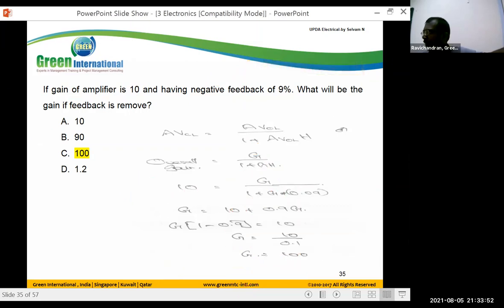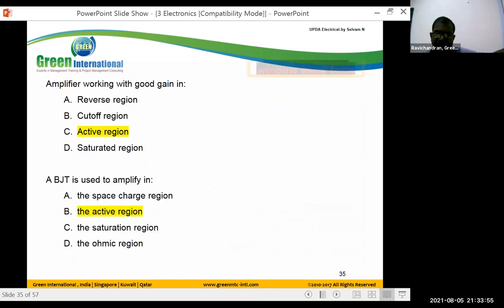This question is frequently asked in the exam. Amplifier working with a good gain means the amplifier is working in the active region. So it is always the active region.